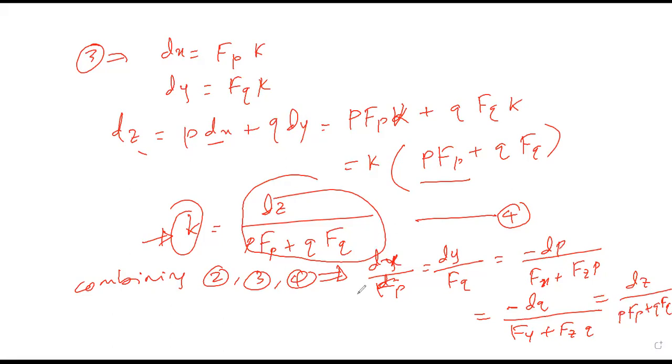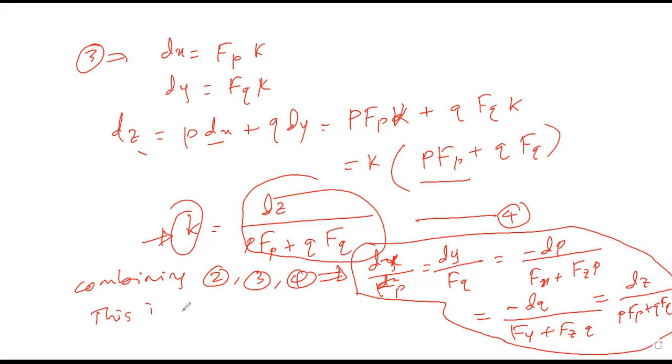So this relation and these equations are called Charpit's equations. Charpit is the name of a person, so Charpit's equation or Charpit's method. Just as you have memorized the auxiliary equation for Lagrange's equation, for the nonlinear equation you have to keep this in mind.